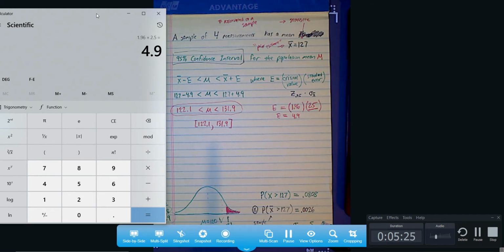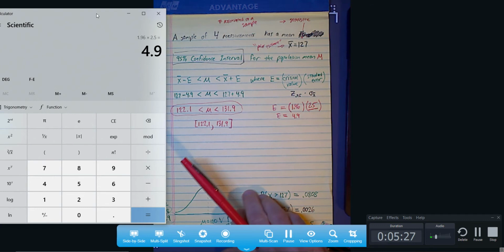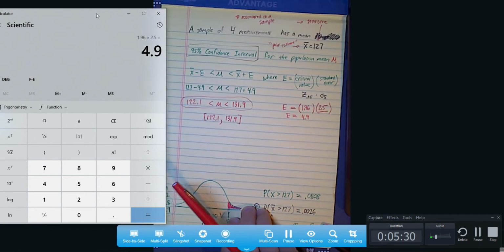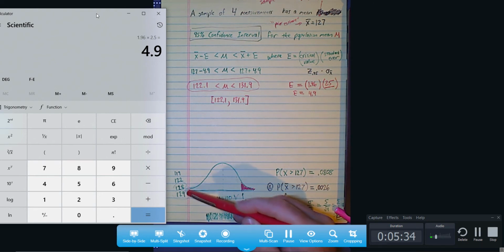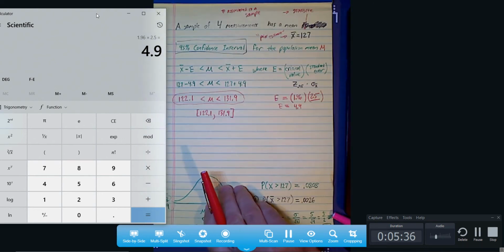Now, there is a chance that what happened was maybe the mean is 120, but I just happened to get a bunch of big data points when I did my sample, right?